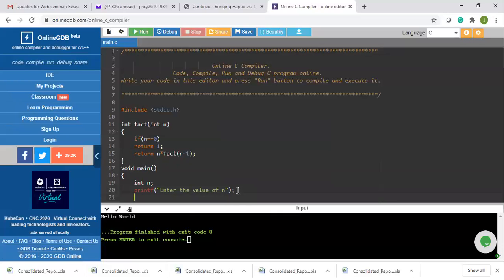As we know, in C we use printf for printing, and to take an integer value we use scanf.